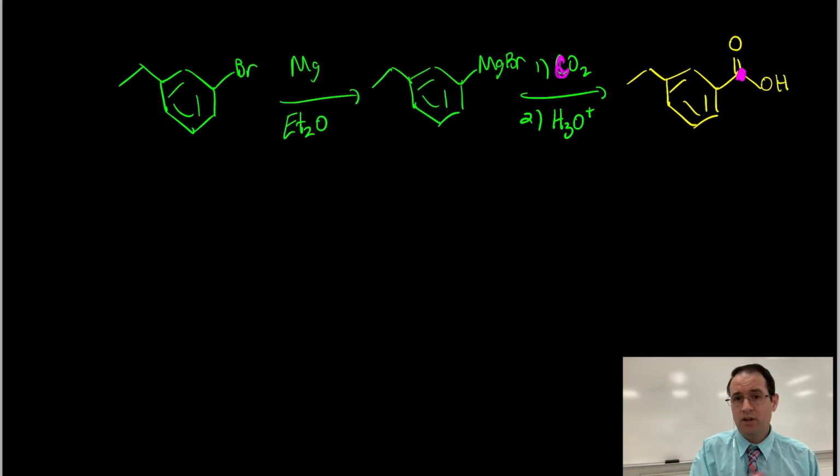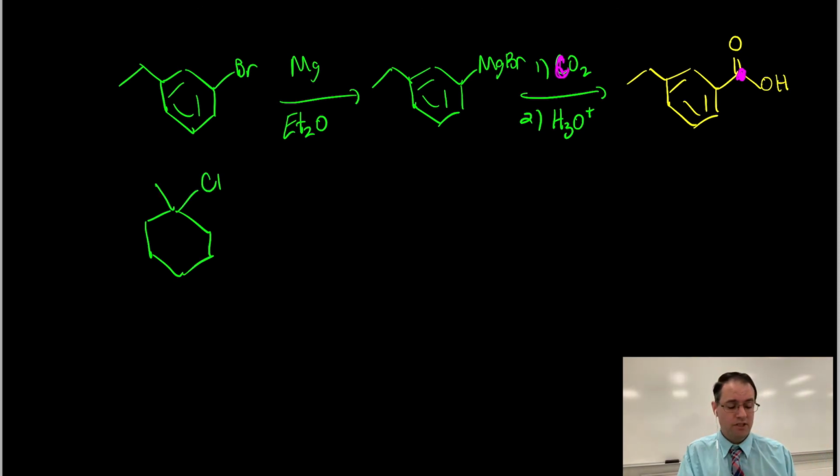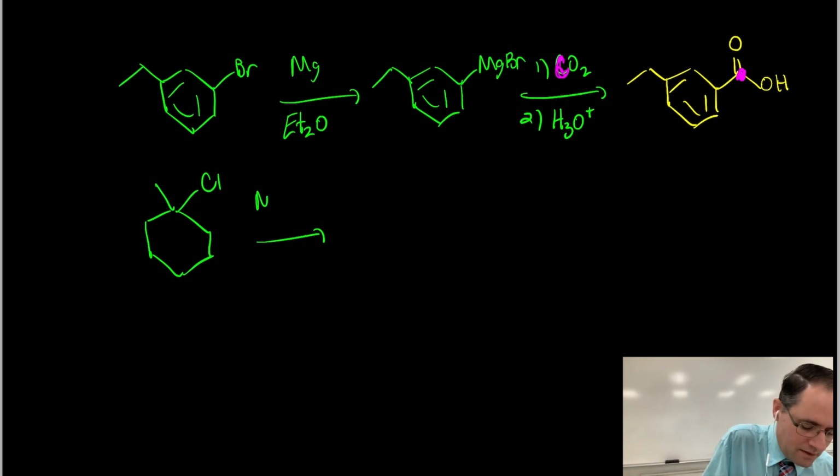So that would work great for an aromatic compound. There's no problem there. It can also work for a tertiary alkyl halide. So for example, if I had this molecule here, which is 1-chloro-1-methylcyclohexane, I can treat this with magnesium in diethyl ether, okay?